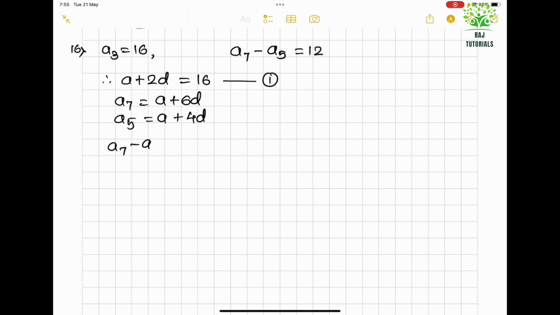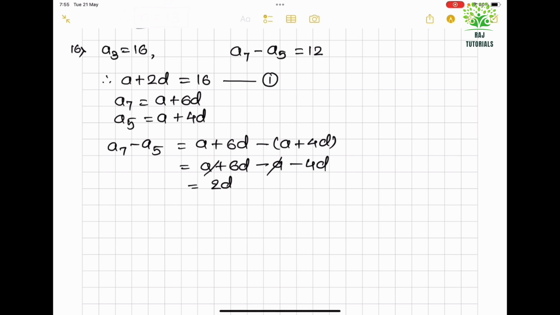So A7 minus A5 will be A plus 6D minus A minus 4D. So 2D. So now this difference is 12. So D is 12 by 2. So therefore D is 6.